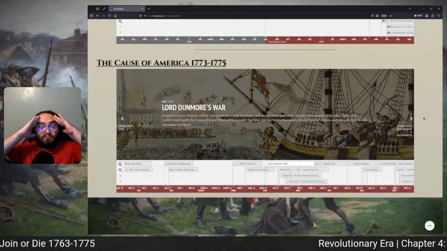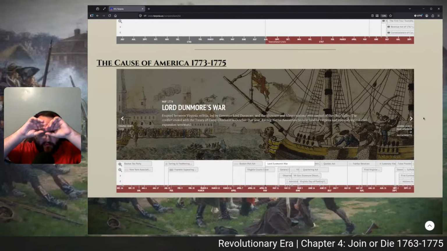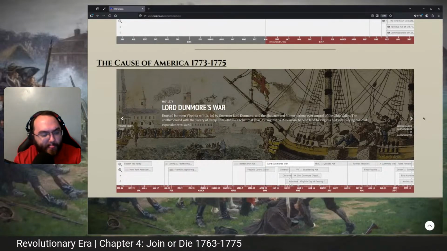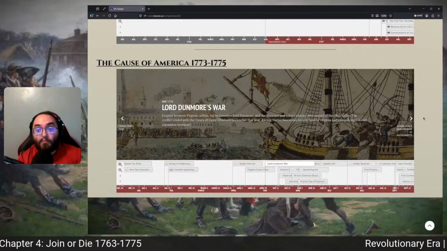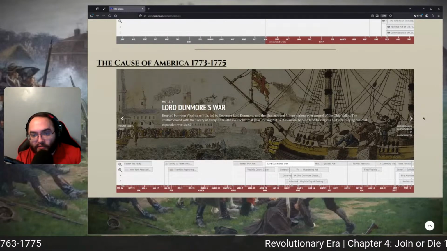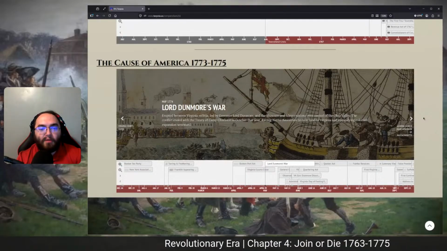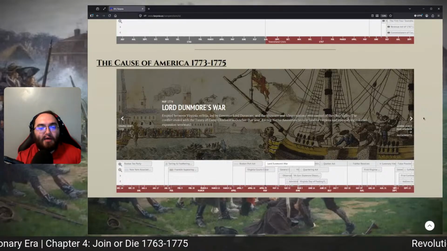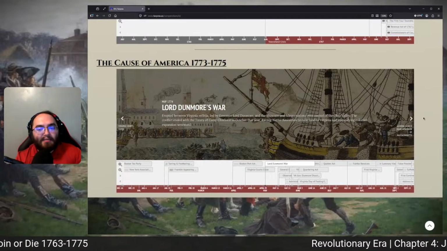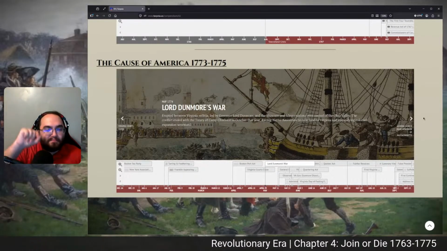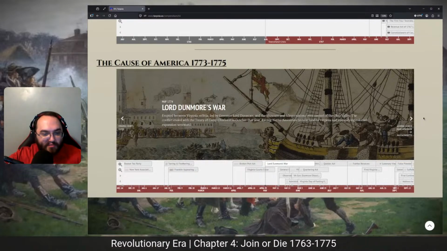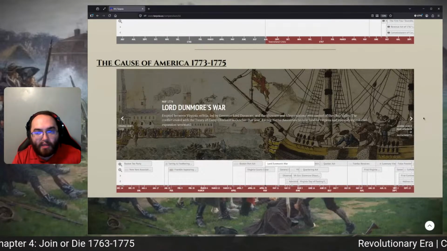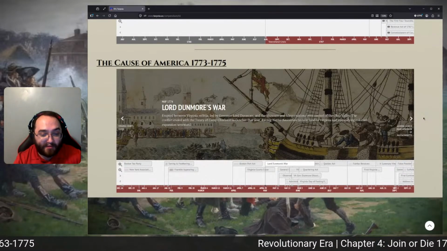So again, one of the very first documents that we have in this chapter is the Proclamation Line of 1763. Most people wrongfully believe that the Proclamation Line prevented the expansion of the colonies. It really didn't. And the line itself that you see on the map was a later invention to help depict the Proclamation Line. It only protected native allied land.